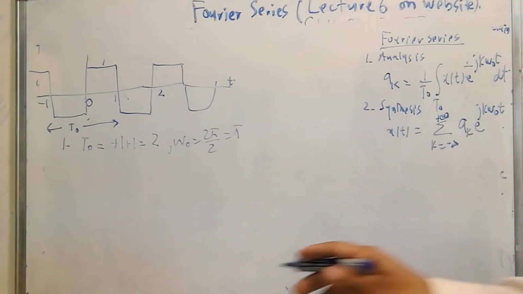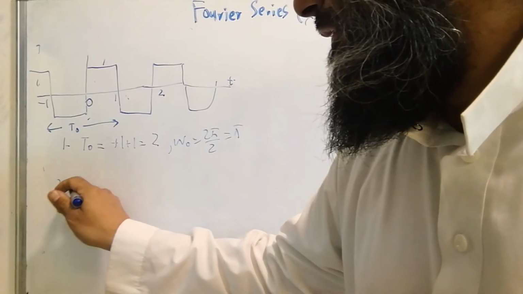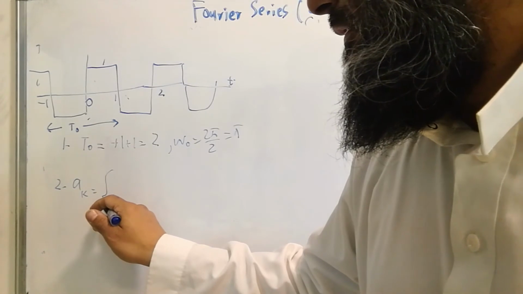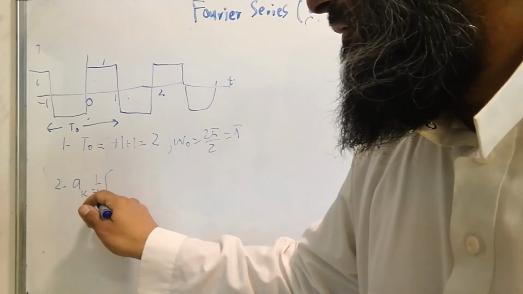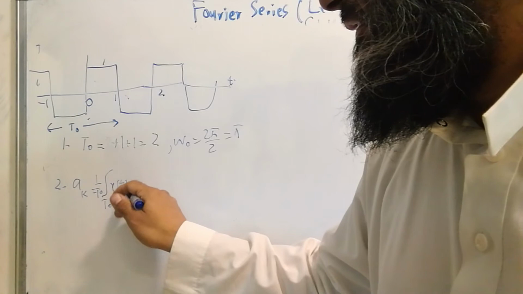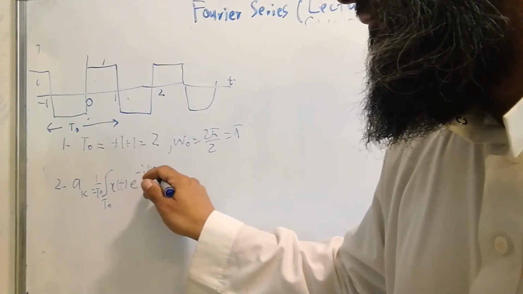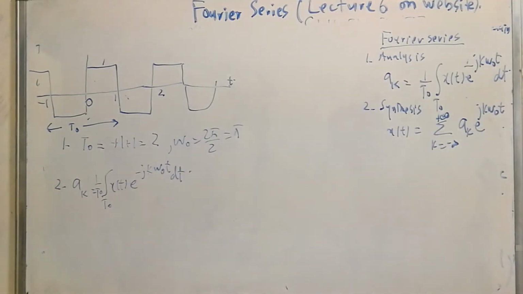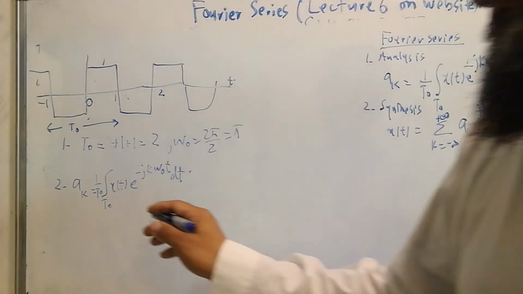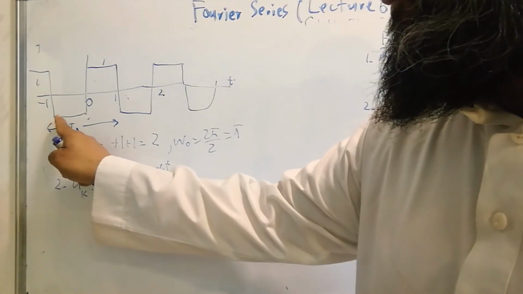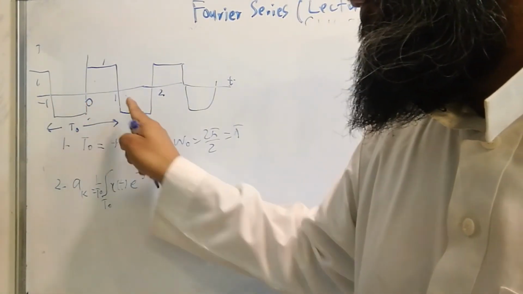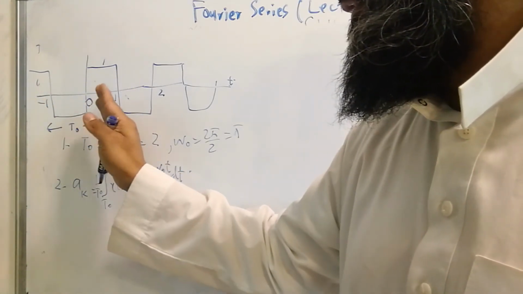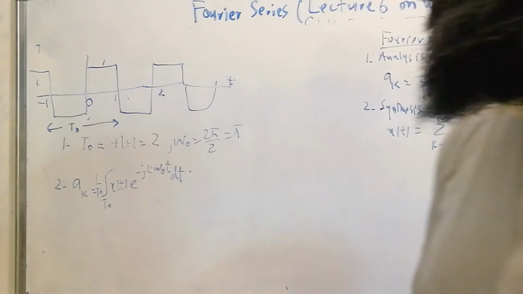Now the second step is to find the AK. So AK is equal to 1 over the time period, integral of x of t e raised to the power minus j k omega naught t dt. I have 2 integrals, one from -1 to 0, and then the second from 0 to 1. It is better to split the signal into symmetric parts over 0 and then find the integral.